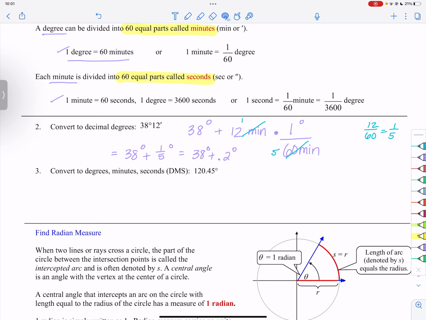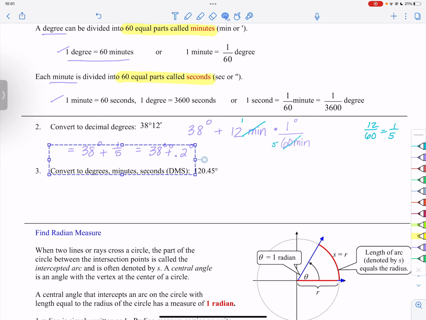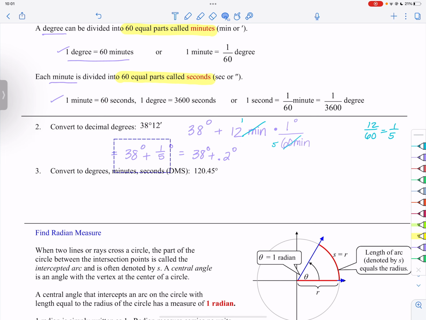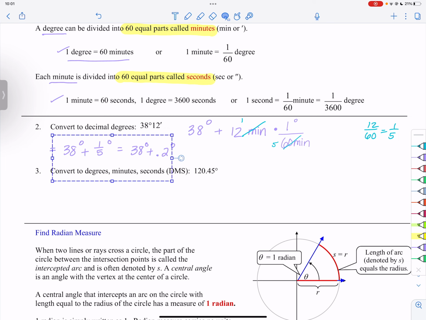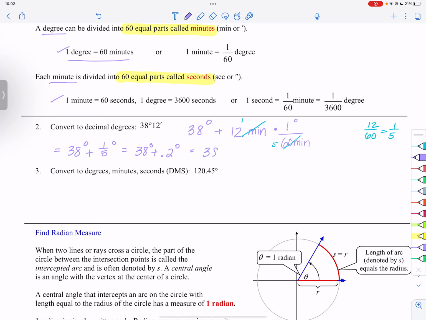See if I can make this a tad bit smaller. I made that awful large. And now we have 38.2 degrees.